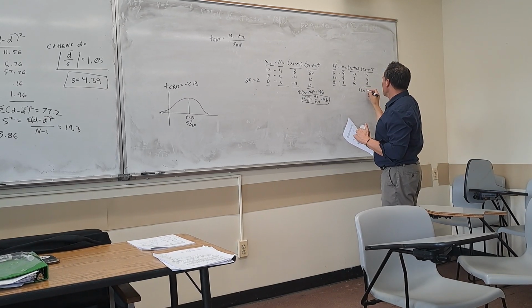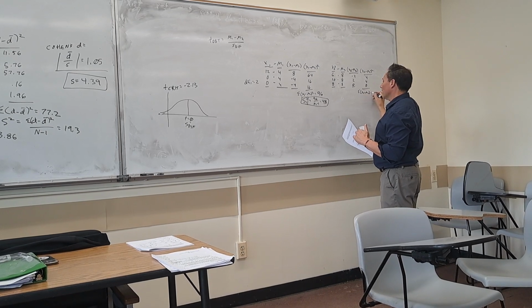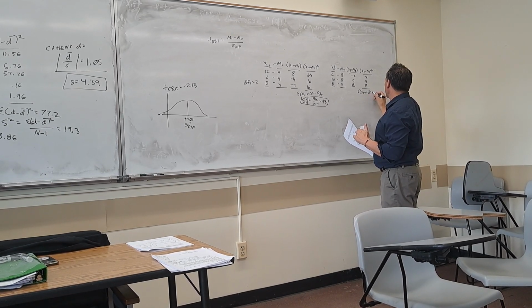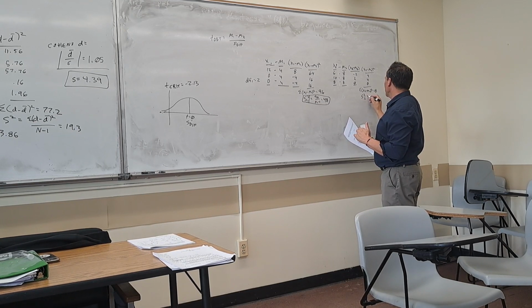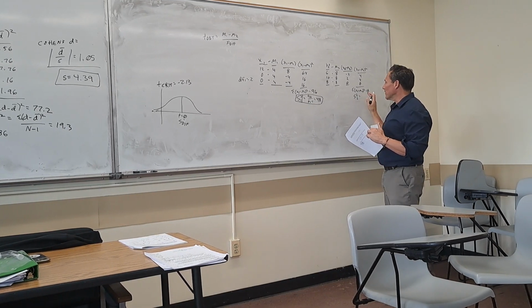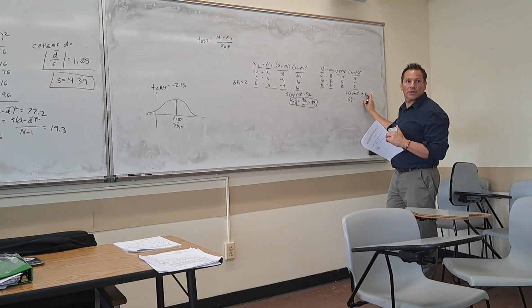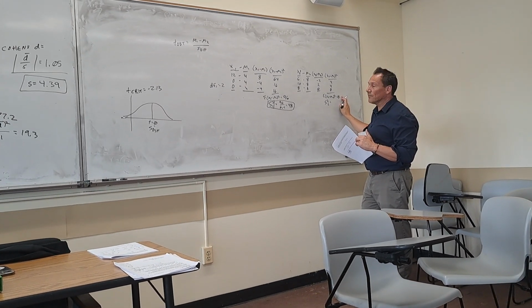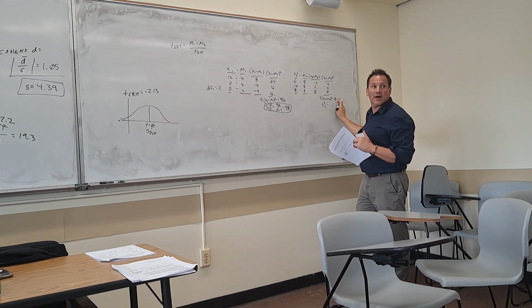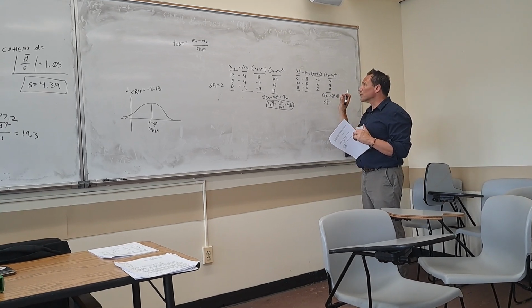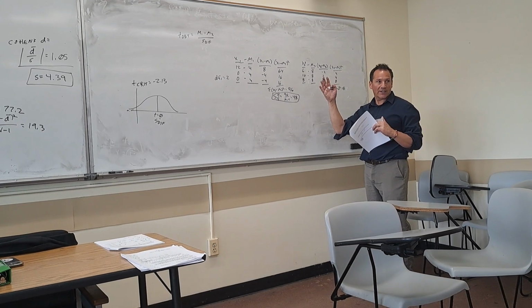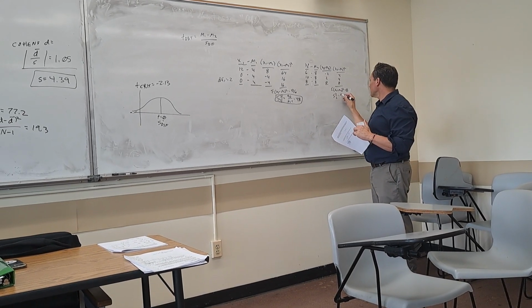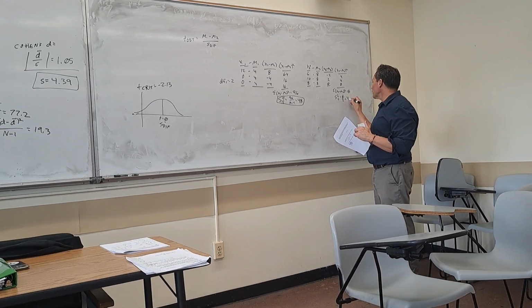Sigma X2 minus M2 squared equals 8. S squared sub 2 equals the sum of the squared deviation scores for variable 2, which is 8, divided by the degrees of freedom for the second sample, which is 3 minus 1, which is 2. So it's 8 over 2, which equals 4.